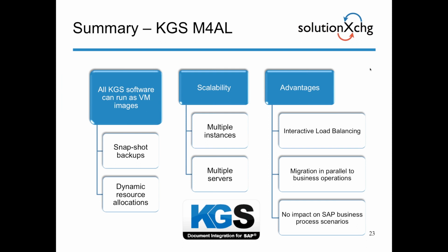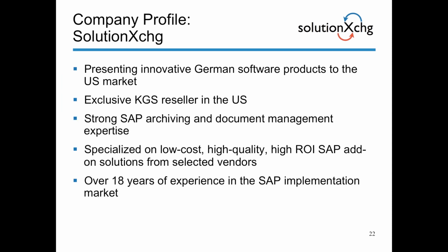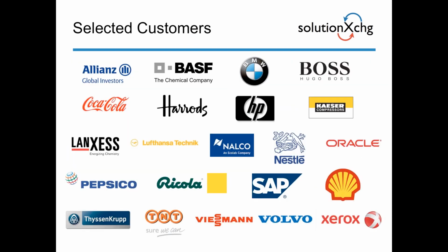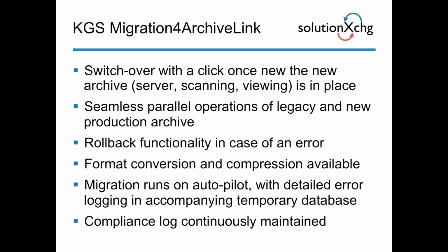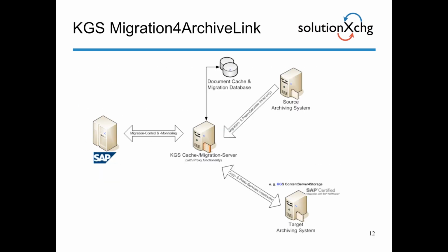Absolutely. Because of that proxy, and I would love to bring that picture up. Let me see if I can find this picture quickly. Because of that KGS cache migration server that sits in the middle and has proxy functionality, any request from SAP is configured to go to the KGS migration server, and then the KGS migration server with its proxy functionality first probes the target system.